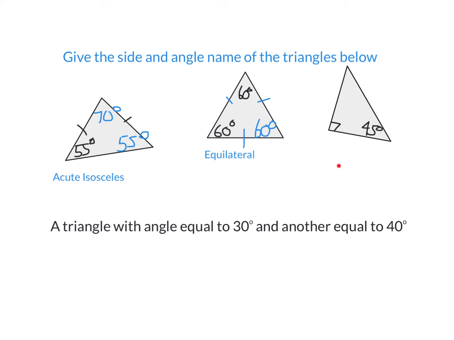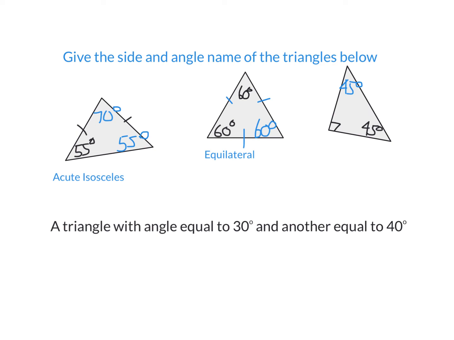All right, let's look at this triangle here. We've got a right angle and a 45-degree angle. Now we can't just look at it and say, oh yeah, it looks scalene. We have to have some reasoning to back it up. If we have a 90-degree and a 45-degree angle, the third angle is 180 minus 90 minus 45. It's also 45.